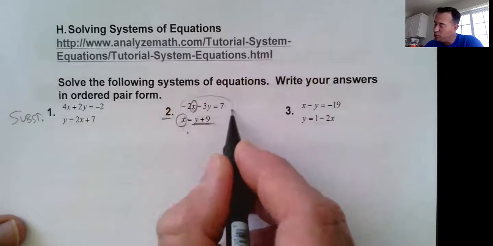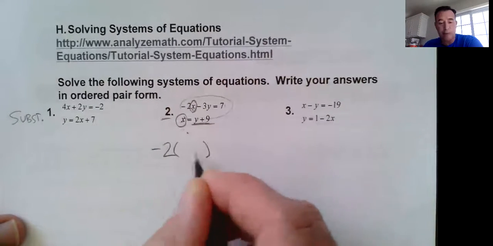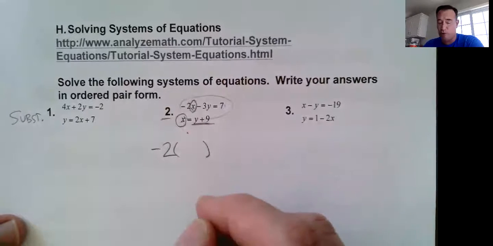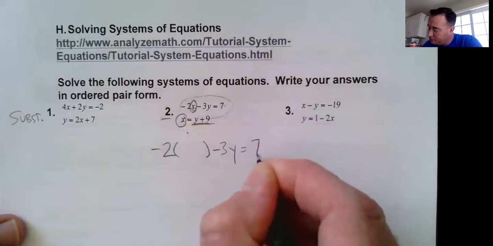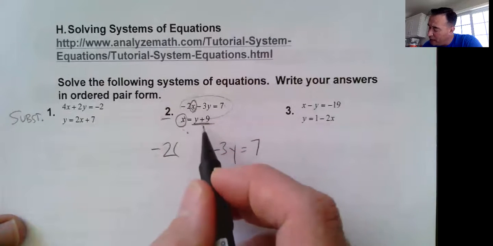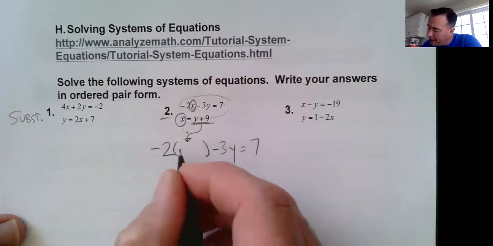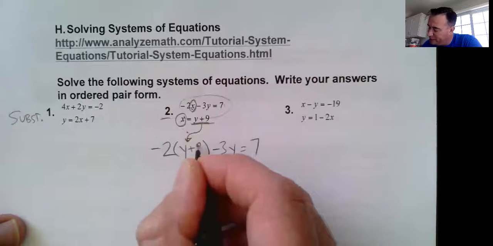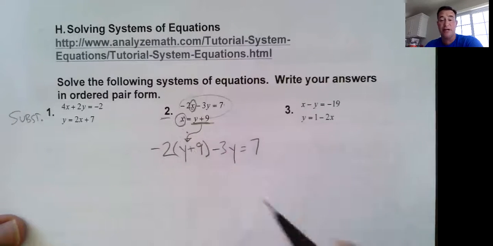So I'm going to rewrite this equation, -2, and where there was an x, I'm going to put a set of parentheses to give the place to substitute in. Now the rest of it's going to be the same, -3y equals 7. And then where that x was, I'm going to take the value that this is equal to, that y plus 9, and put that into that set of parentheses because I'm replacing the x value with the other expression that it is equal to.